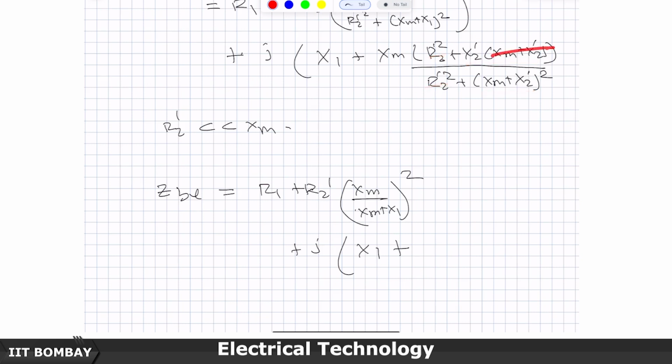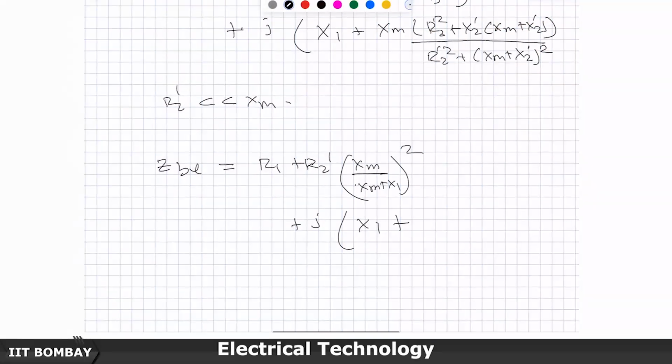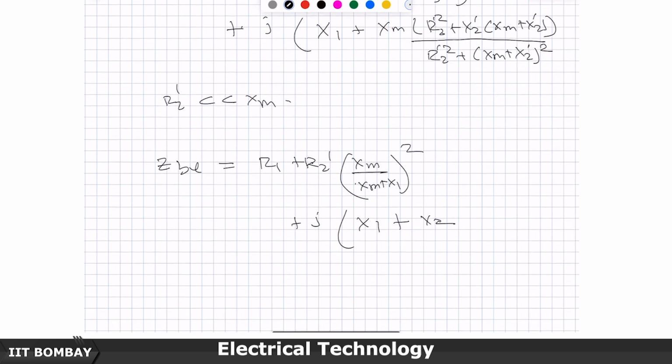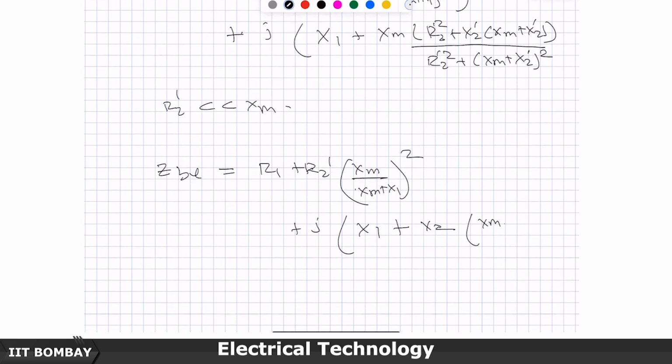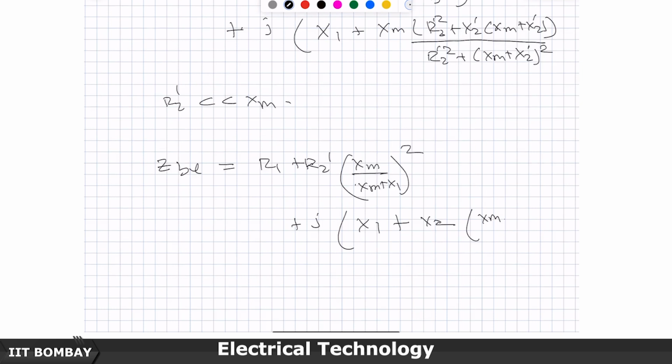Again this cancels with this, and so I basically get this as jX2 dash Xm divided by X2 dash plus Xm.